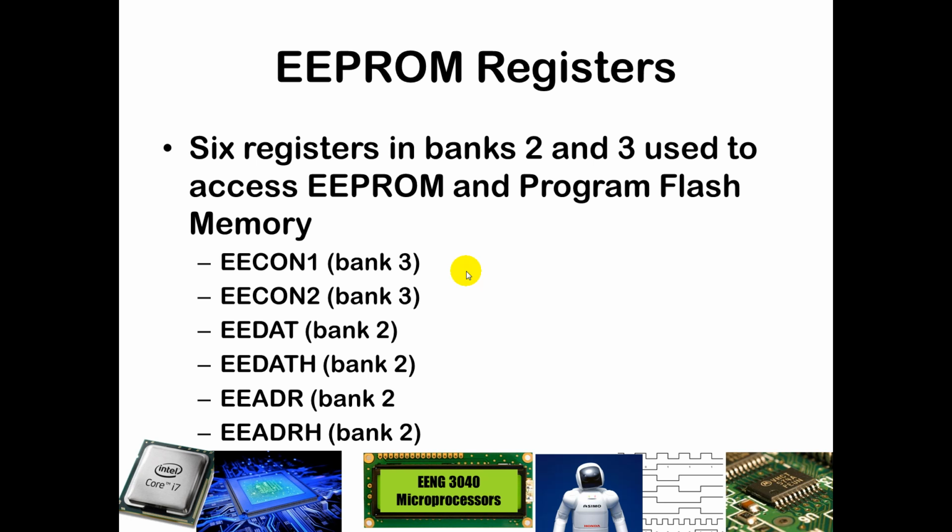EECON2 is sort of a funny register in that it's not a regular register per se, but there are a couple values that you have to write to it in order to get permission to access either the program memory or the EEPROM memory. EEDAT and EEDATH is where your data gets stored, either to be written out or as it's read back in. And EEADR and EEADRH are where your address gets put in there if you're trying to either read from or write to a particular location.